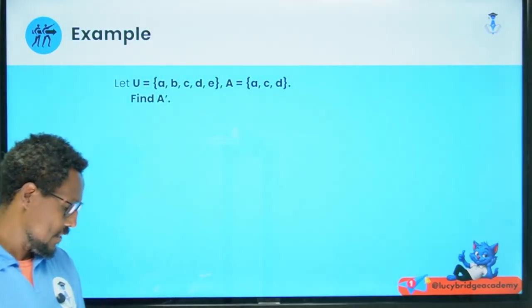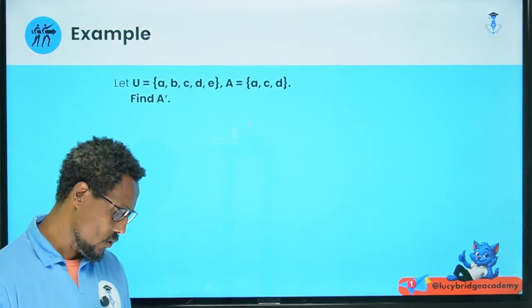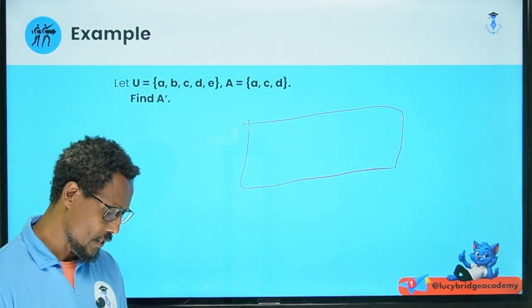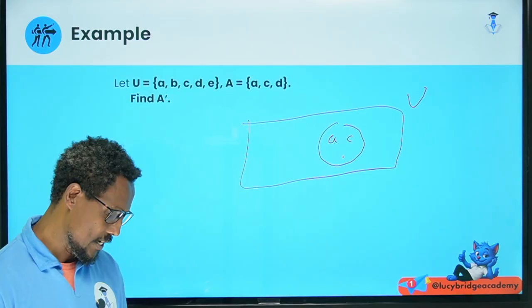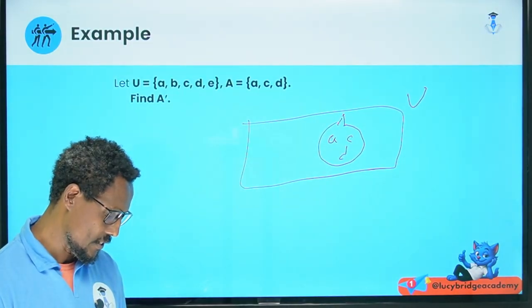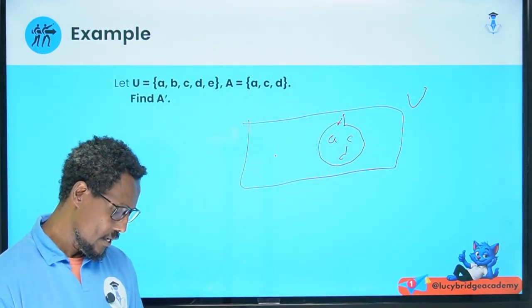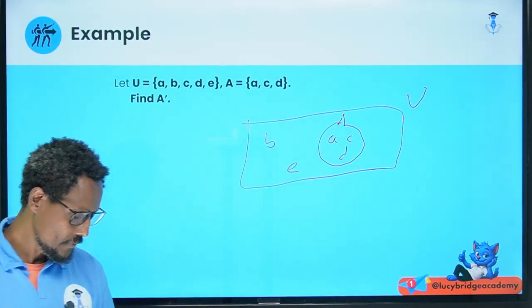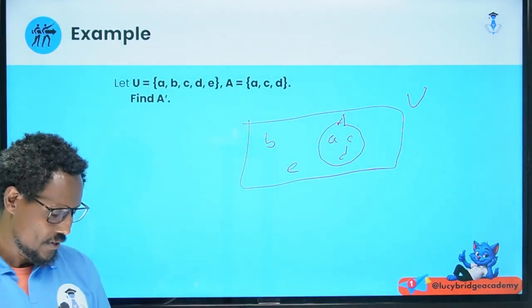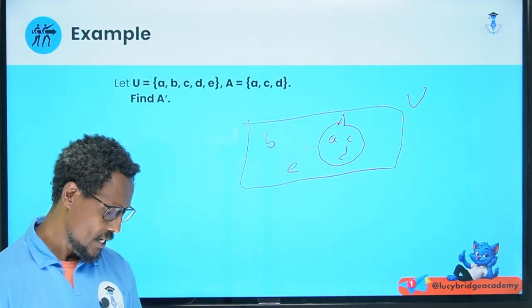Again, we have another example. The universal set U contains all the elements a, b, c, d, e. Again, we have set A. Set A contains a, c, and d. The circle represents set A in the universal set a, b, c, d, and e.